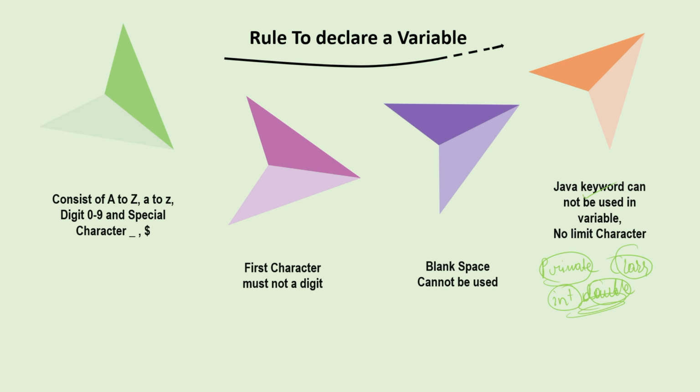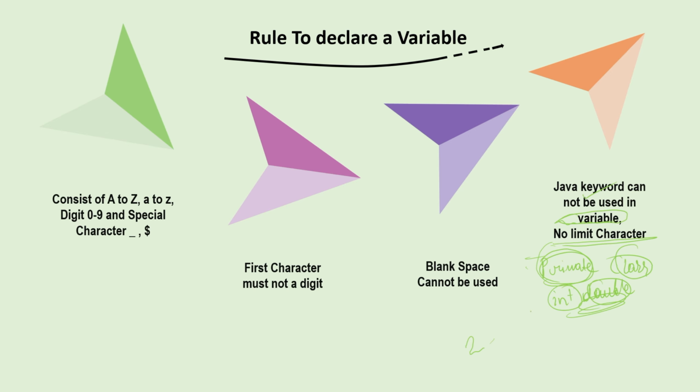Okay, and here is one more point: in a variable we cannot use a reserved keyword. And after that, no limit on characters. What is the meaning? There is no limit for declaring characters.